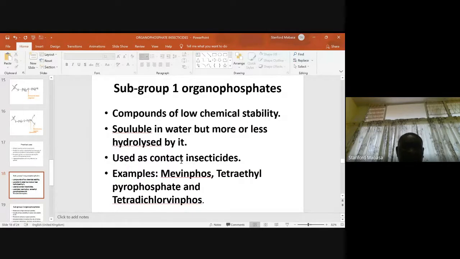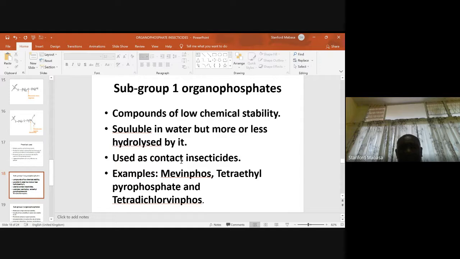Now, these are the things which we may want to talk about now. We can divide them into subgroups. We've got subgroup 1 organophosphates. These are compounds of low chemical stability. They are soluble in water, but more or less hydrolyzed by it. Water can actually break some of these organophosphates. They are used as contact insecticides, those which are in subgroup 1.